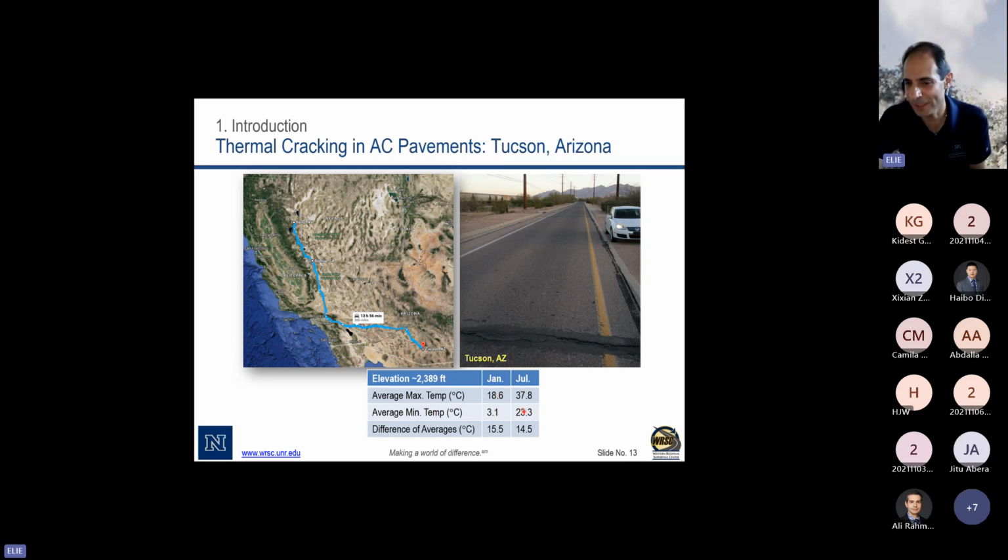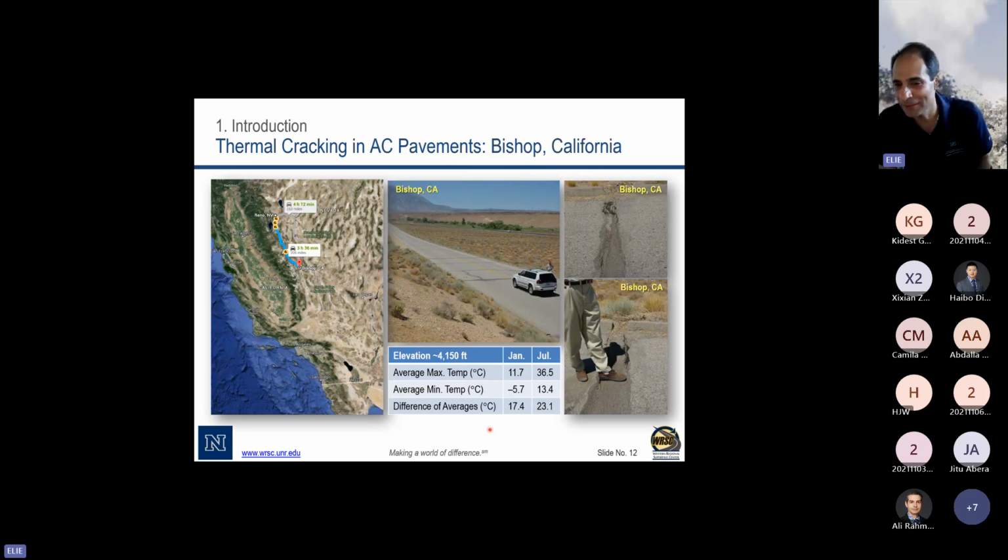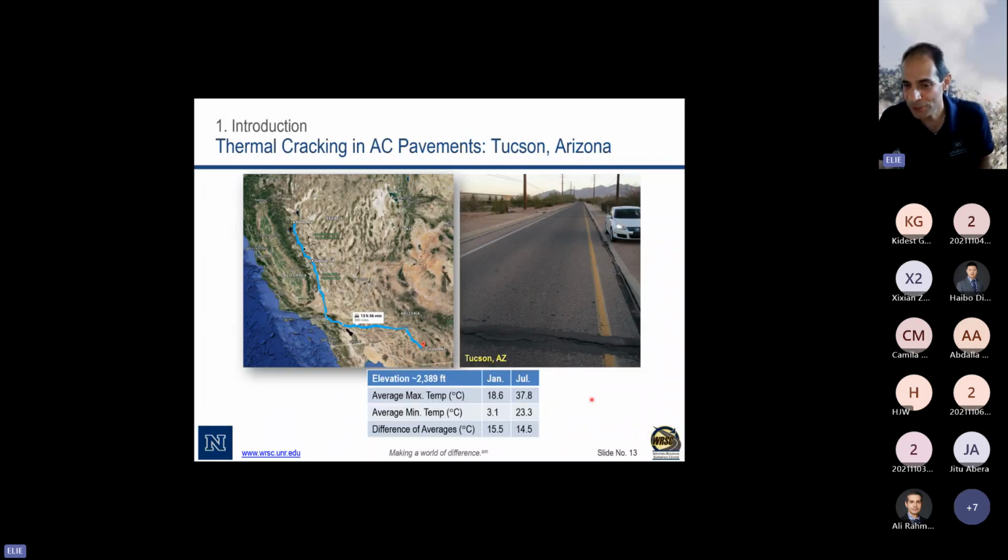And in July are very high temperatures, okay? But still your swings are even, especially in the winter time, higher than Reno. On average, in Reno was 10 degrees C. In Tucson, Arizona, even though it's a hotter environment, we're at 15 degrees C. Before that, we're about 17 degrees C in Bishop. So this is pretty much similar to Bishop.